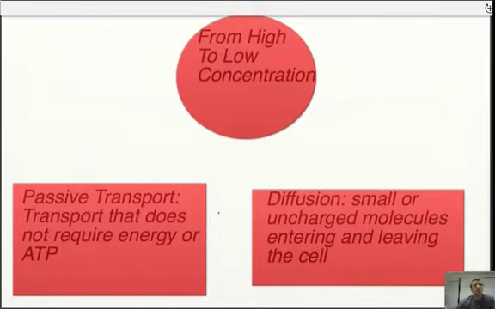Think of this like when you spray your perfume. It diffuses across the room. Eventually, at one end of the room, you're going to be able to smell it, because it's going from a high concentration and moves across the room to a lower concentration. So that's an example of diffusion. I also have a picture to help you out.